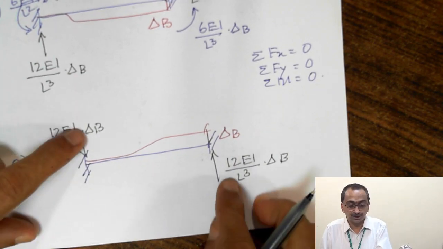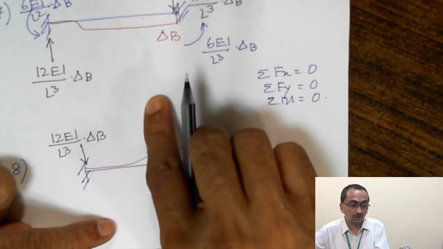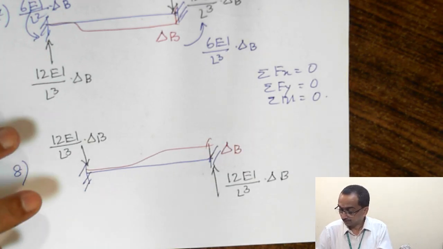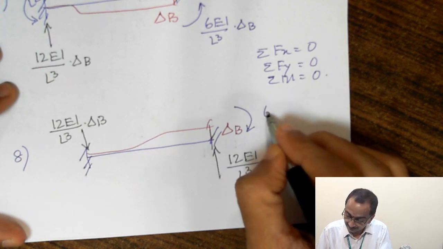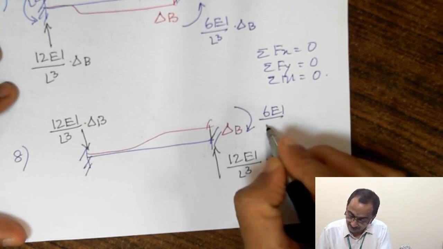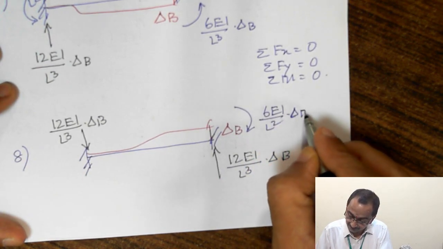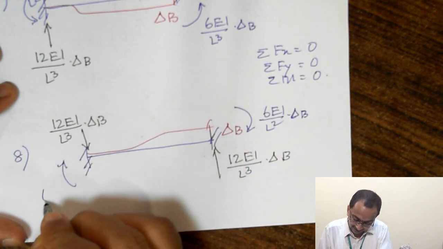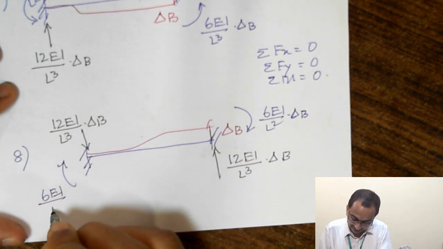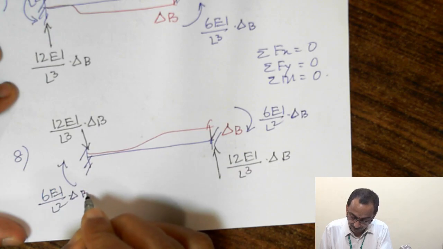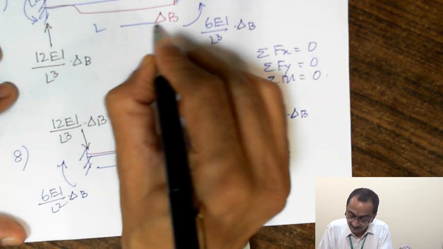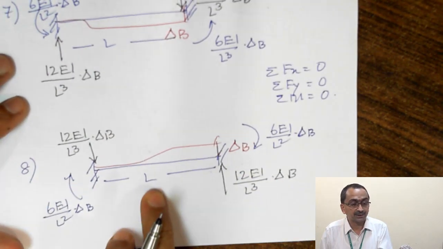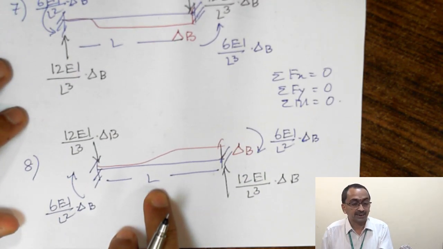Now these two forces will try to rotate in anti-clockwise direction, and that is why to balance it, there must be a set of clockwise moments having 6 EI upon L square into delta B and 6 EI upon L square into delta B. Friends, you must have remembered the logic. Length is L. You must have judged the logic properly for all the cases.